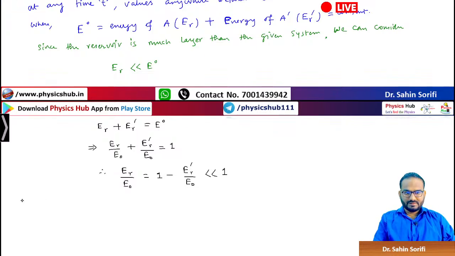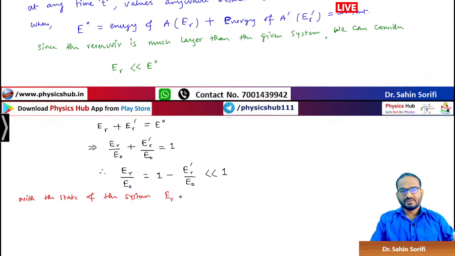Now, this line is very important. With the state of the system, let us say denoted by ER, any state will be denoted by its energy value. Depending on the energy value, the state is changing.